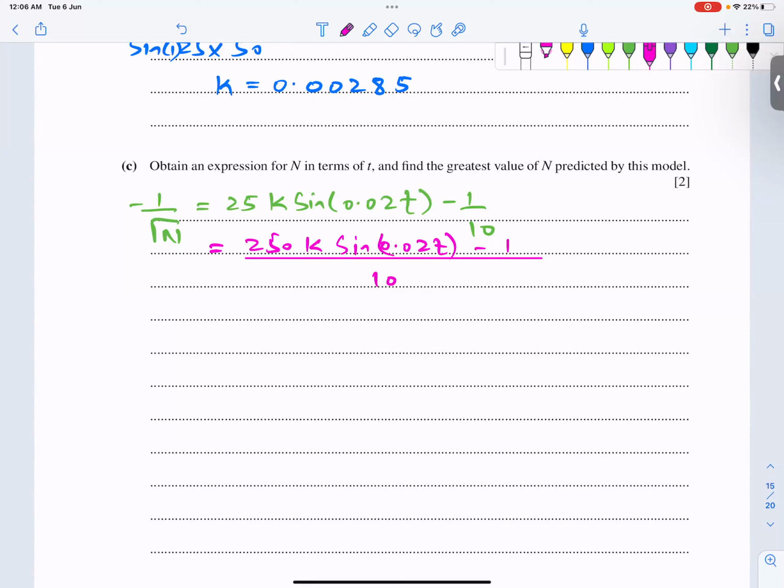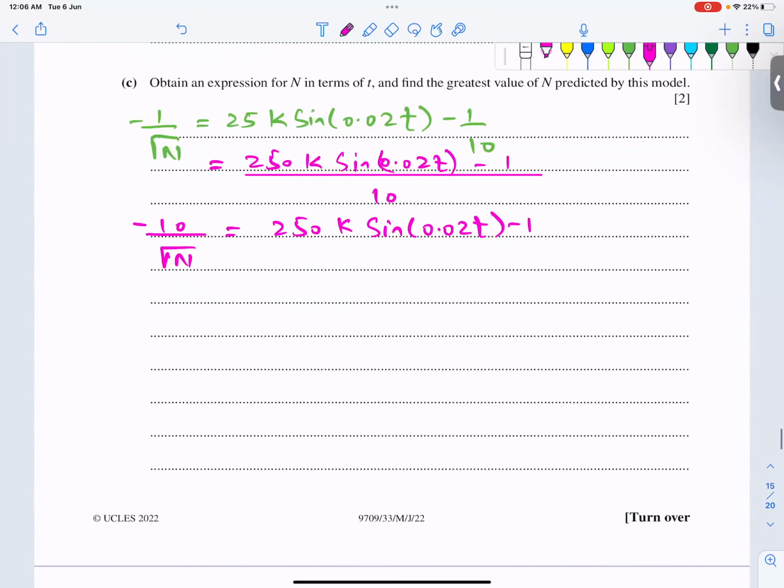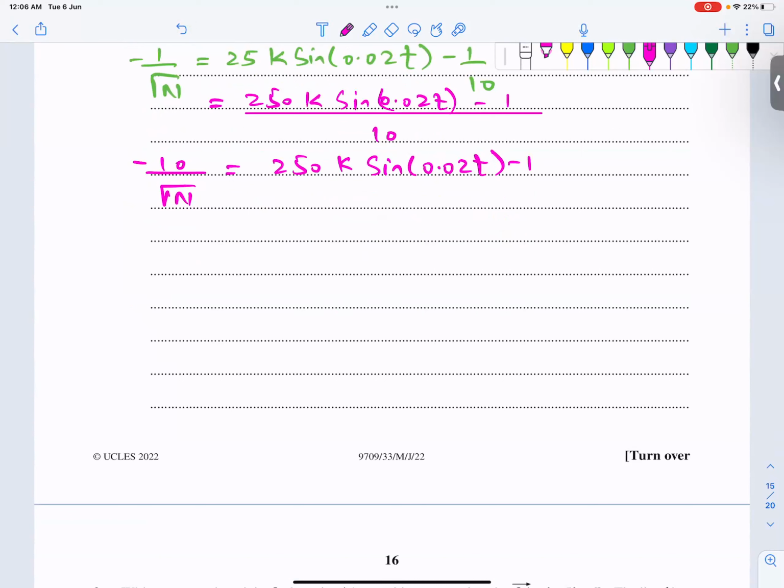This 10 will come on the left side, and this will be negative 10 over square root n is equal to 250k sin(0.02t minus 1), and then reciprocal both the sides. So when you reciprocate it, this will be square root n over minus 10 is equal to 1 over 250k sin(0.02t minus 1).